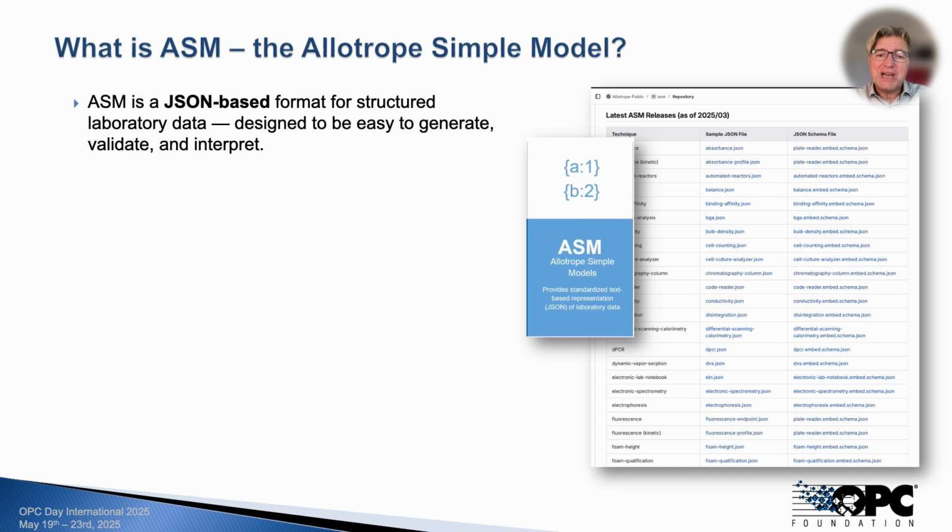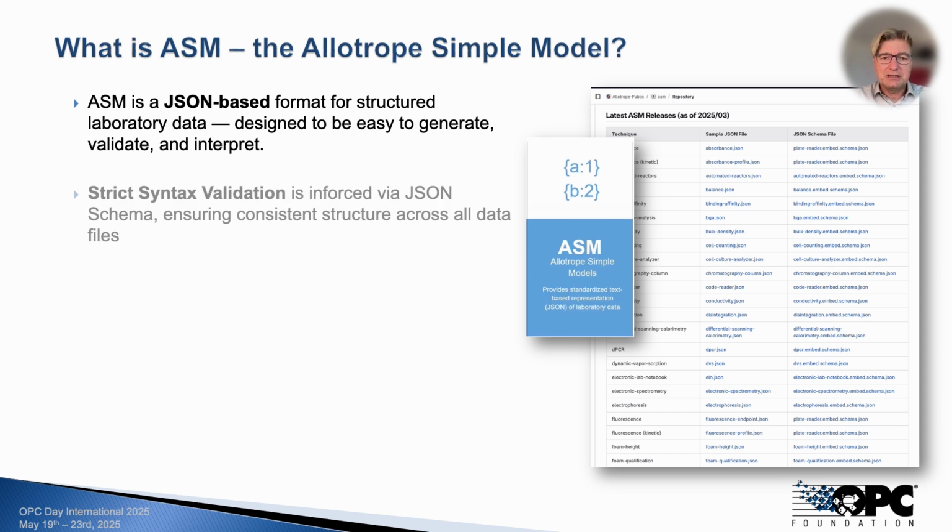Let's move on to the Allotrope Simple Model, or ASM. ASM is a JSON-based format for structured laboratory data, designed to be easy to generate, validate, and interpret by both humans and machines.